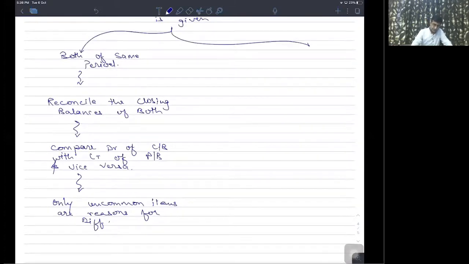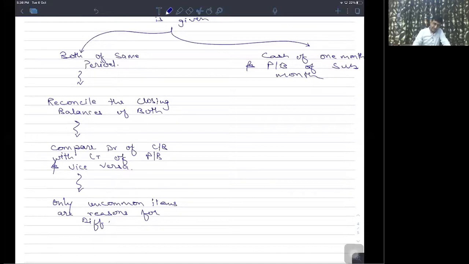Whereas cash book of 1 month and passbook of subsequent month is given. ये दोनों same month के नहीं है.